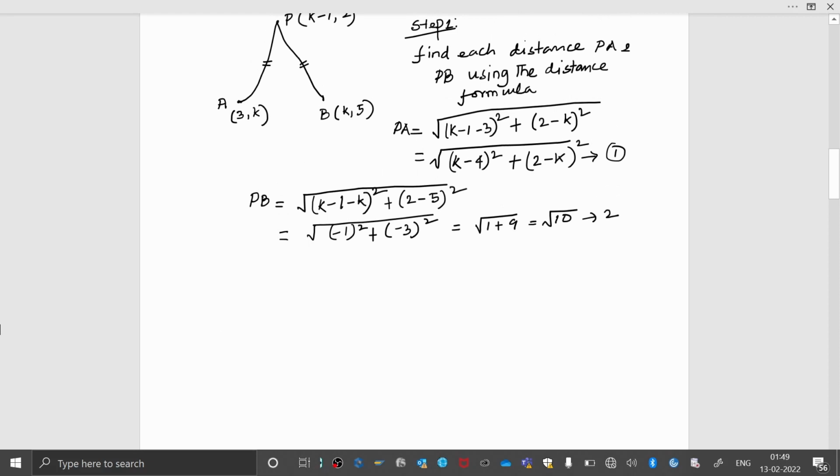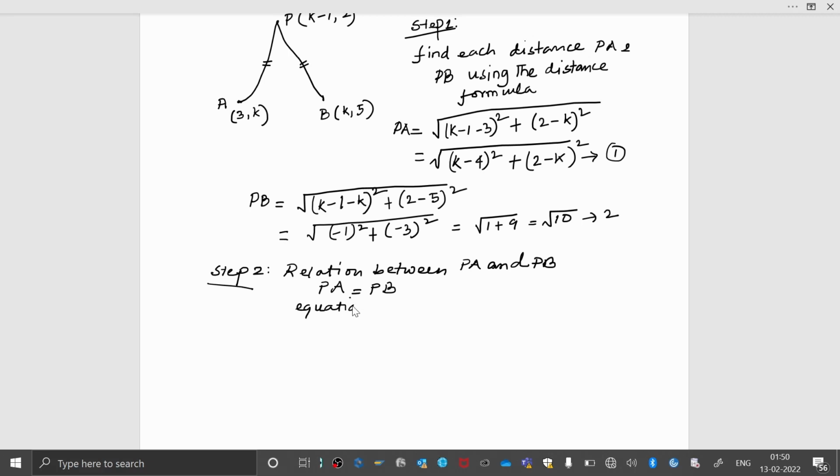So step 2 is the relation between PA and PB, which is PA is equal to PB. So that is equation 1 is basically equal to equation 2.